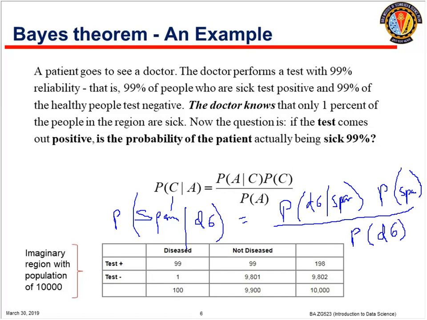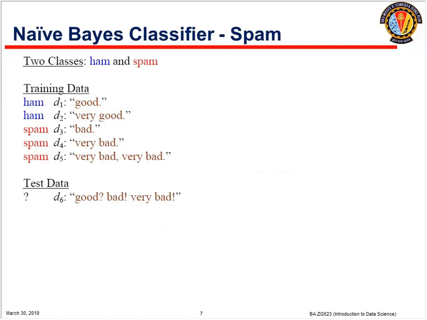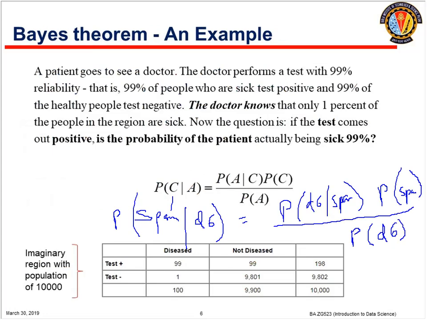So in this case, what is the probability of spam in our example? I mentioned earlier, there are 3 documents of type spam out of 5. So 3 by 5 is the probability of spam, and 2 by 5 is the probability of ham. So for any random document being of type ham or spam, the probabilities are 2 by 5 and 3 by 5. So the probability of spam is 3 by 5.